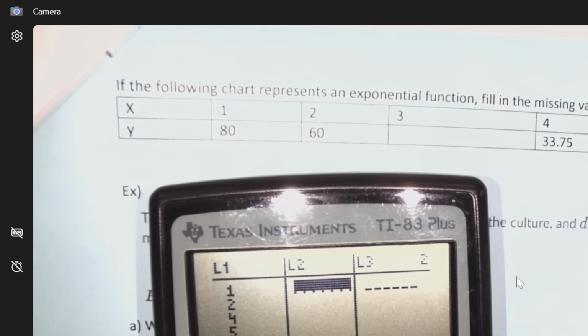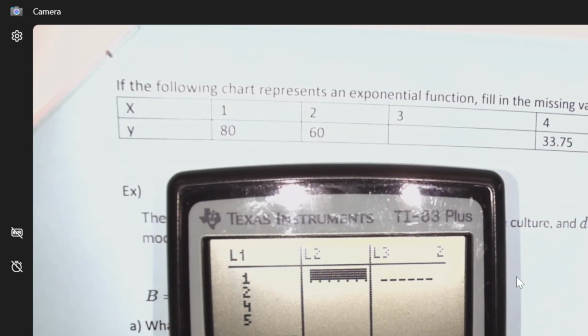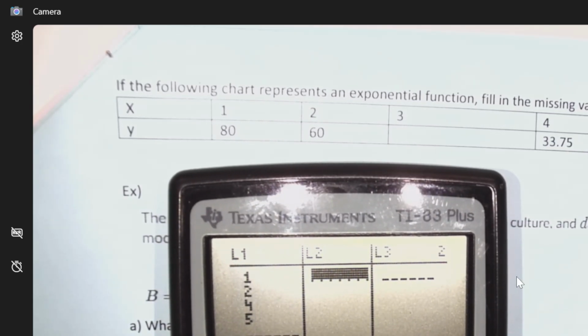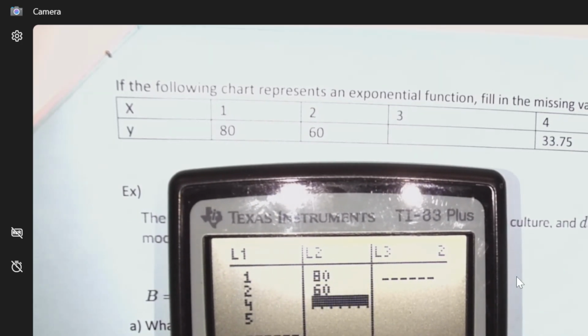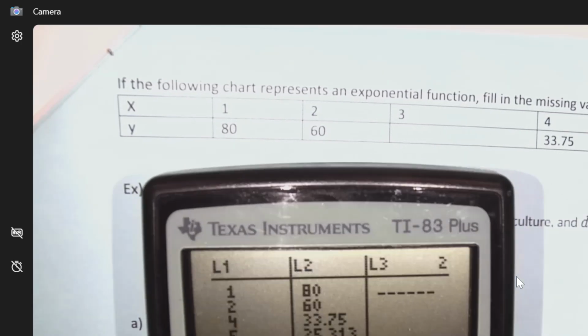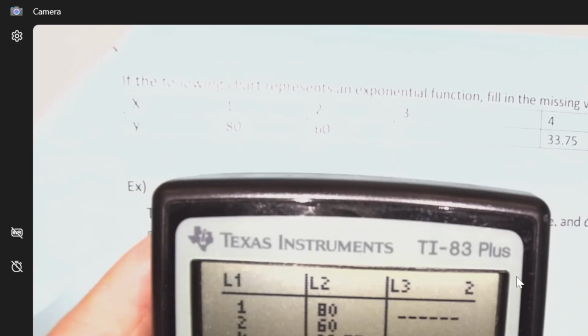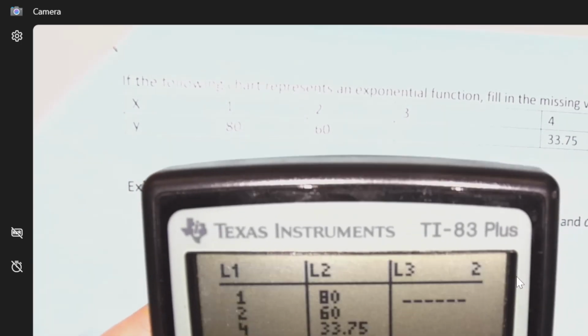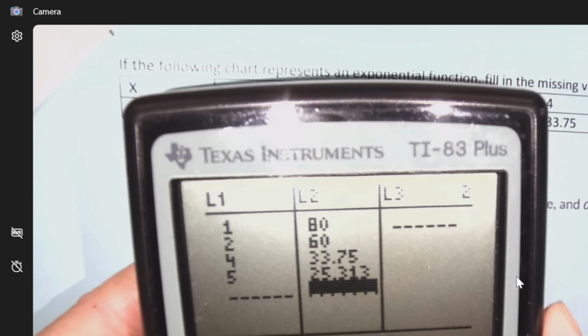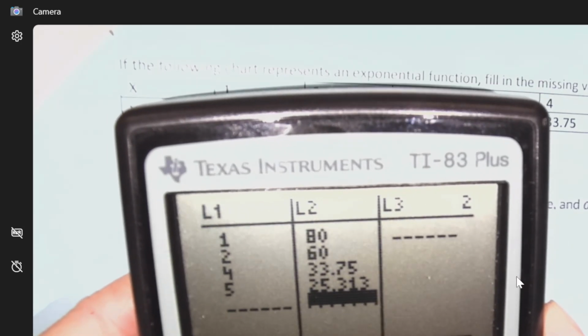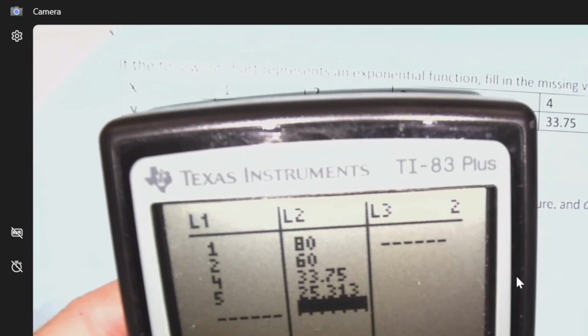Do not type in 3 because you don't have anything for 3. So I did 1, 2, 4, 5. I put the numbers in. I did not put the 3 in because I don't have anything.